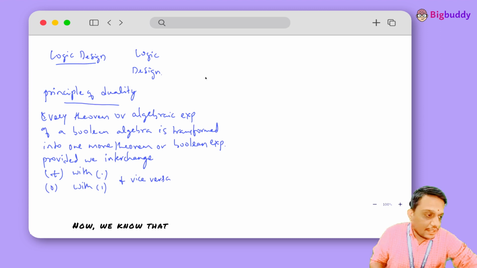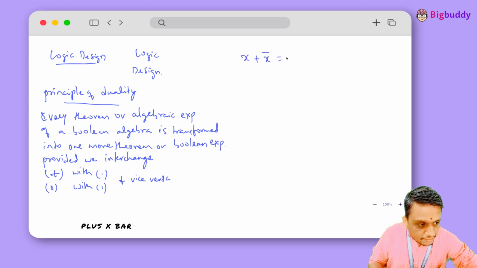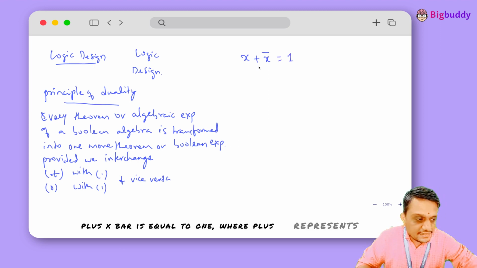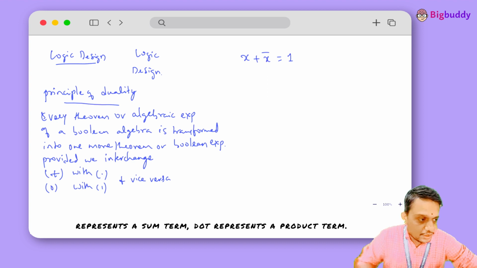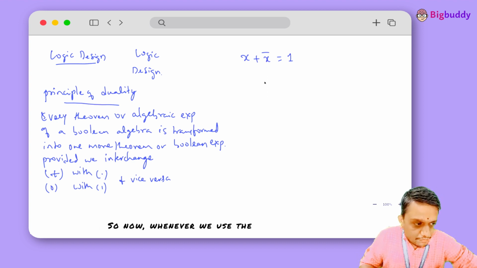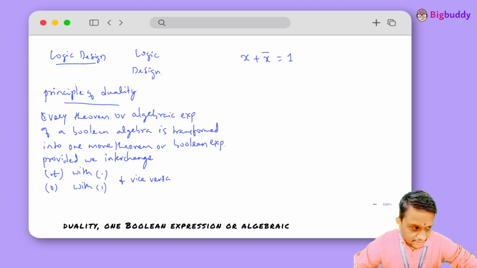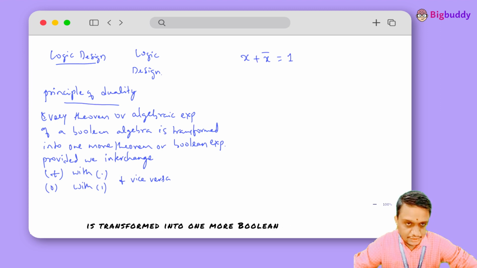Now we know that in Boolean algebra, x plus x bar is equal to 1, where plus represents a sum term and dot represents a product term. Whenever we use the principle of duality, one Boolean expression is transformed into one more Boolean expression.